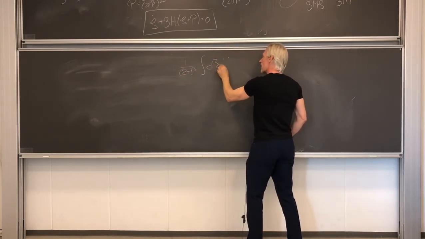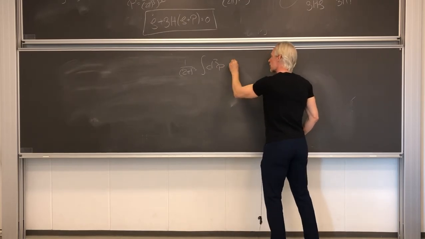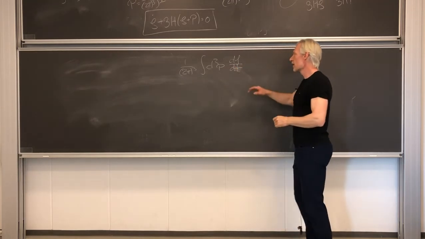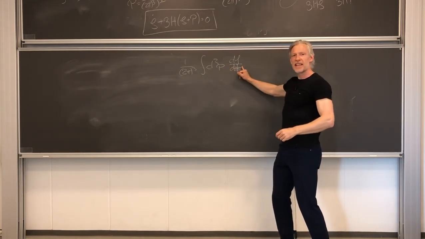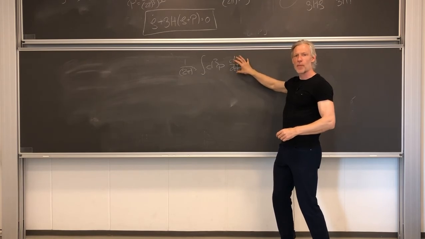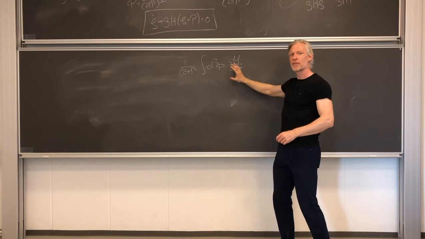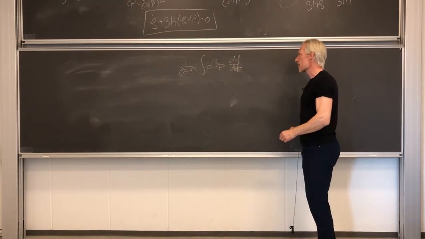And now I'll just write it in the more schematic form, like this. Now, I haven't said anything about what this differential operator actually looks like, so it might be homogeneous and isotropic, and it might not be, right?